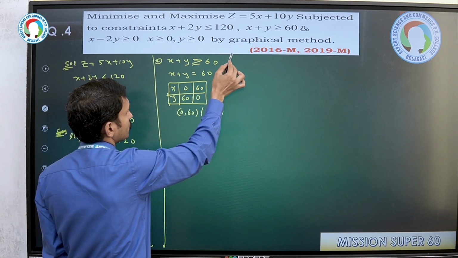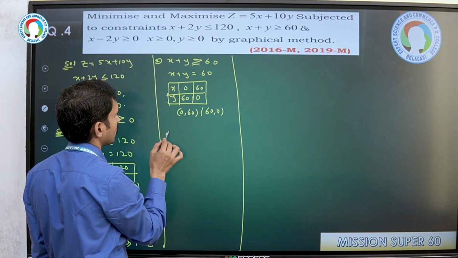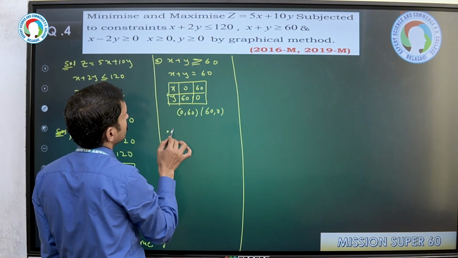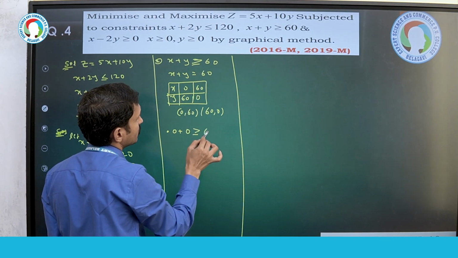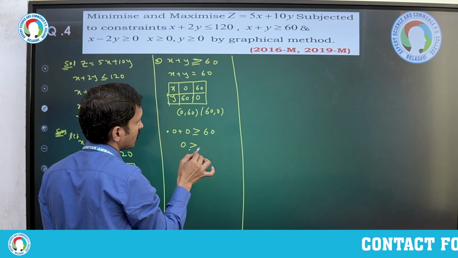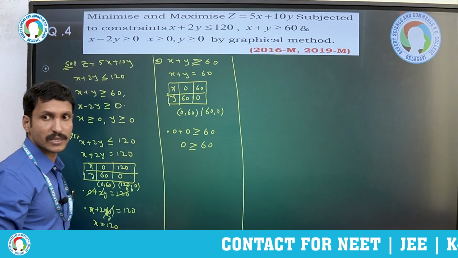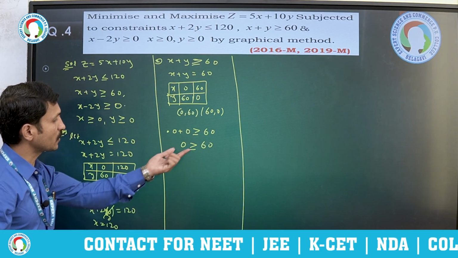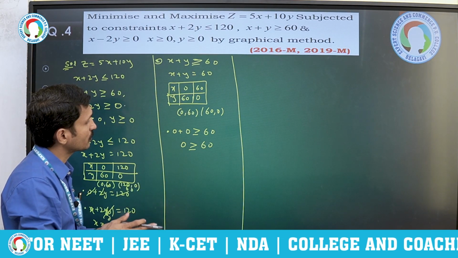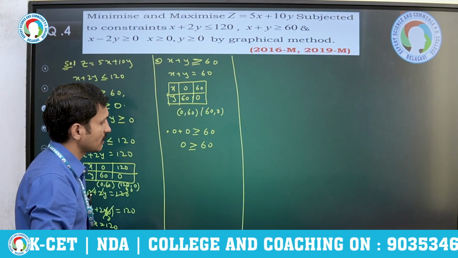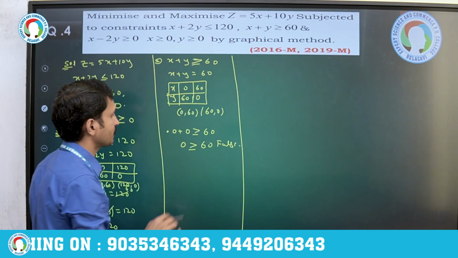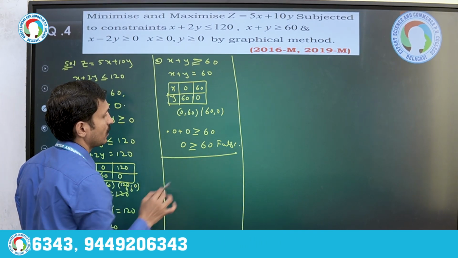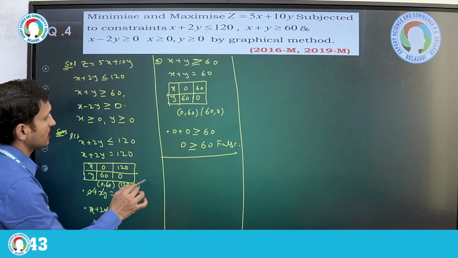Whether it is true or false, you want to check: 0 plus 0 is greater than or equal to 60. So 0 is greater than or equal to 60 is false. Okay, so it is false.